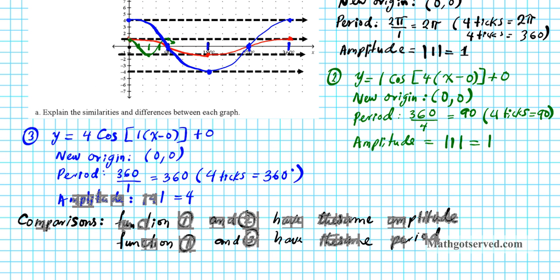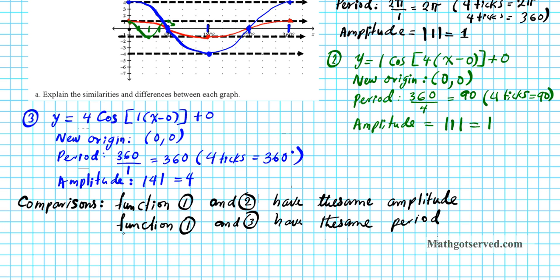Absolutely, they all start from their individual maximums. Okay, the individual maxima. So functions 1, 2, and 3 start at their maximums.